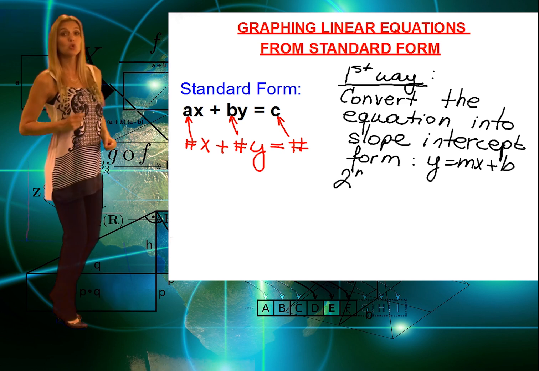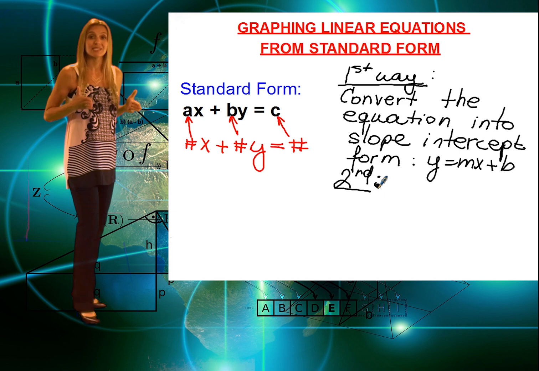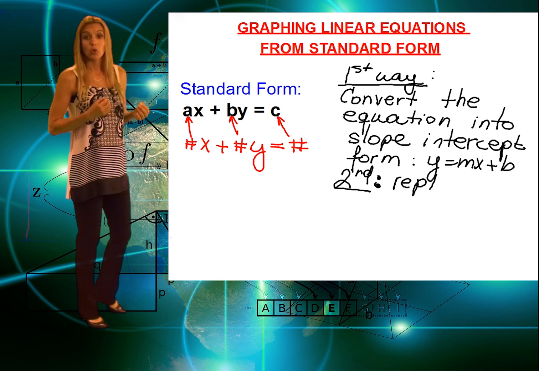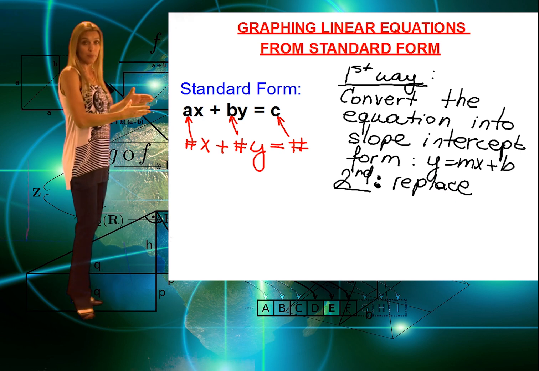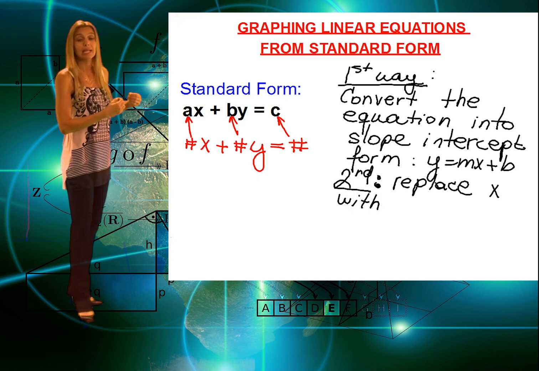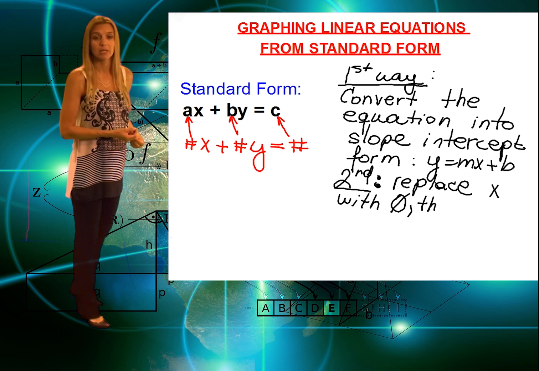The second way I can graph a line from standard form is if I replace, or substitute, x with 0, and once x is 0, it's going to be gone, and I would be able to solve for y after that.